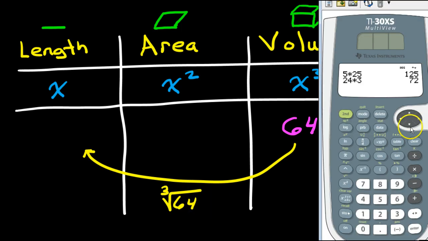Now I could do this on my calculator if I needed to. The way you do a cube root on your calculator, you type in the 3, and then I'll hit second, and I'm going for this little x root. So that makes it the cube root of 64, and that is 4.